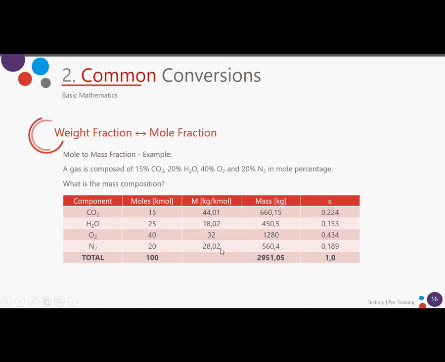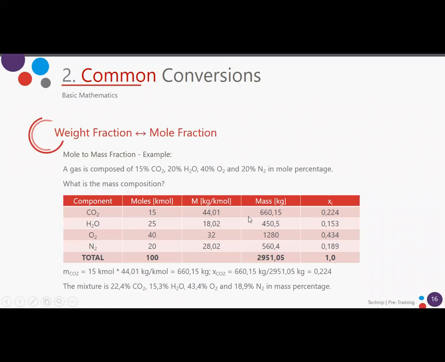Now, the next step is to multiply our moles with our molar mass, and then we get the mass of each component. So I multiply 15 by 44.01, and then I get a mass of carbon dioxide of 660.15 kilograms.